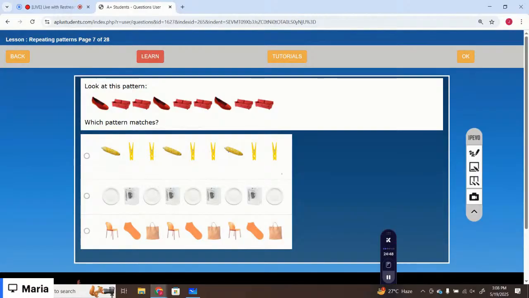So, which is the correct option? Option number one is the correct option.